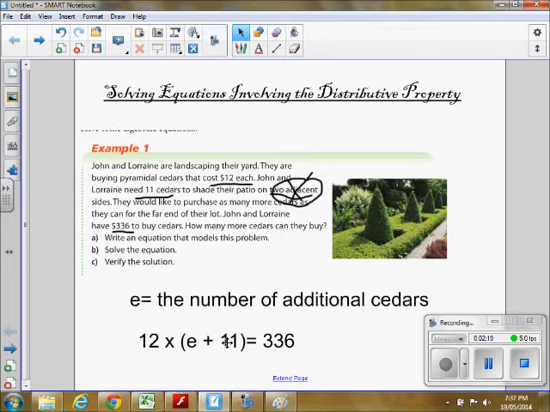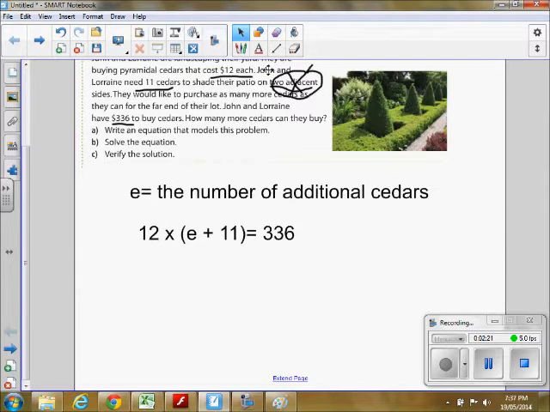So to solve this, we take a look at what we do with the 12. So it's 12 times E plus 11. So that means we go with the distributive property, we go 12 times E, and then 12 times 11.